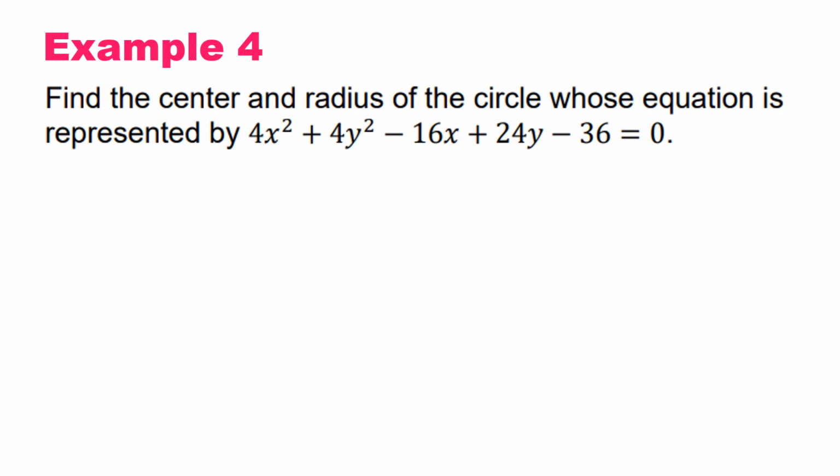Okay, so let us try to have another example. We want to find the center and the radius of the circle whose equation is represented by 4x squared plus 4y squared minus 16x plus 24y minus 36 equals 0. If you notice, ang numerical coefficients ng x squared and y squared are 4.